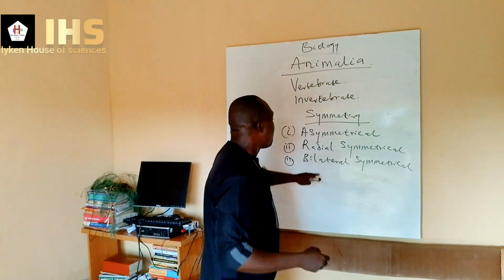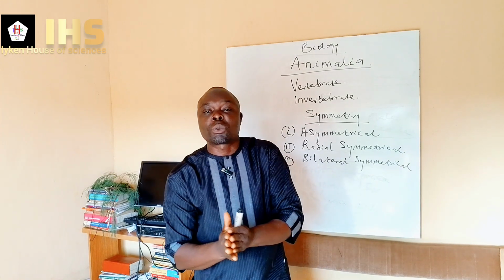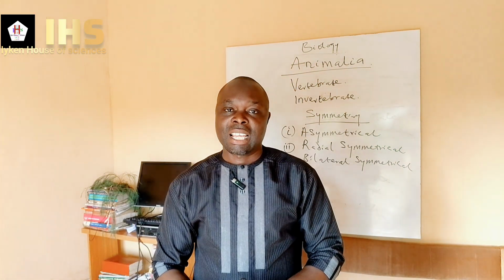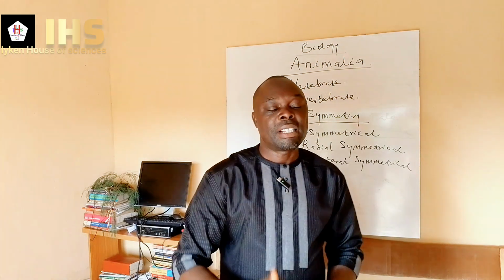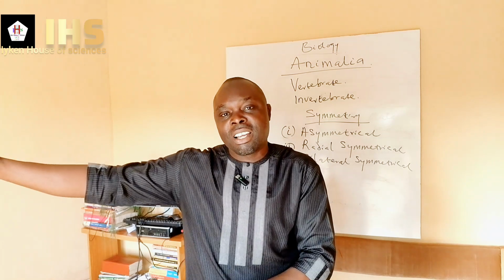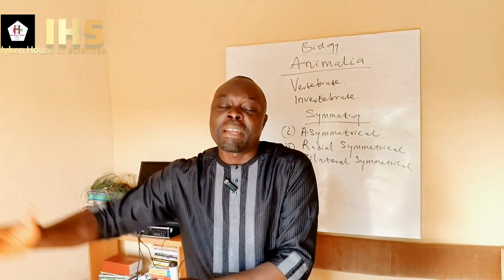Now, when we say bilateral symmetrical animal, we mean those animals that can be divided into halves from the center. When we divide the body from the center, we can get the anterior region and posterior region. The anterior region means the head part.